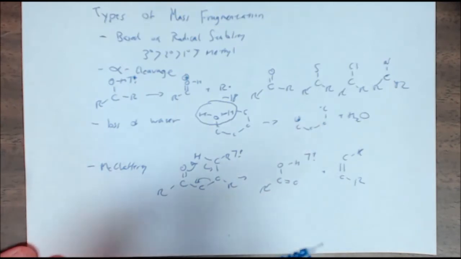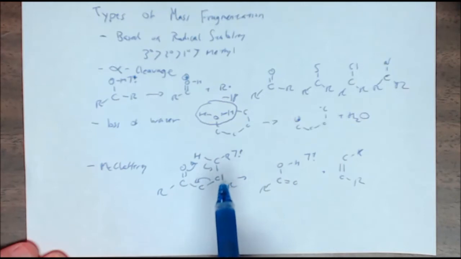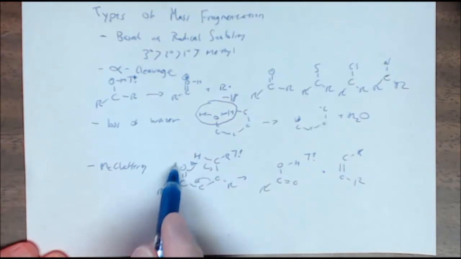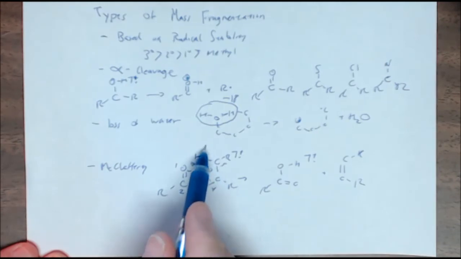The last type of fragmentation that we expect to see is called a McLafferty rearrangement. McLafferty is when I've got a carbonyl in this location and that oxygen comes out and grabs that hydrogen. This hydrogen has to be 6 atoms away. Notice if I count here, I've got 1, 2, 3, 4, 5, 6.